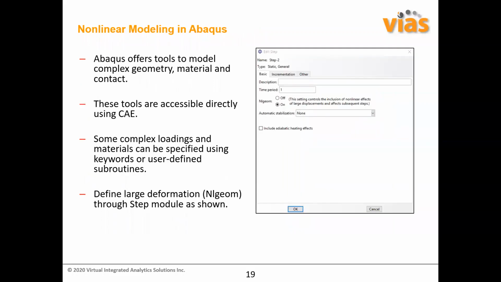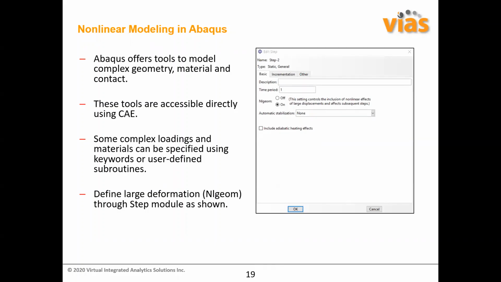For example, when we are talking about how to model a nonlinear large deformation problem, this is defined at the step level. If someone is wondering how to turn on the nonlinear geometry option, this is where you turn it on. When you are creating a step, by default you always have the nonlinear geometry option off.